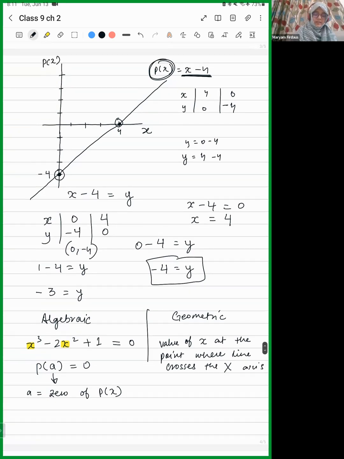So at which point is the line crossing the x-axis? 4. So 4 is the 0 of the polynomial.